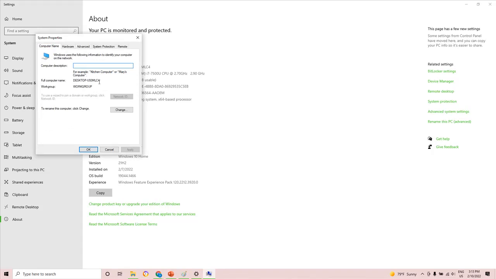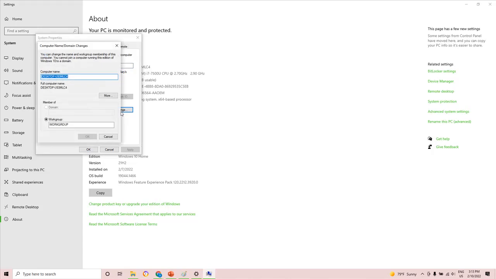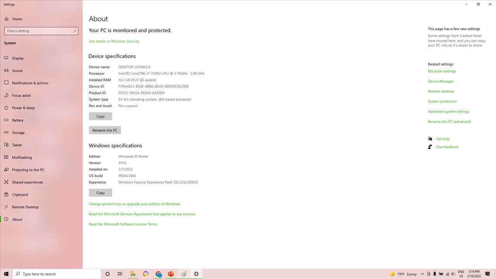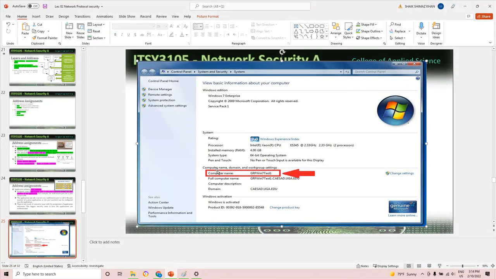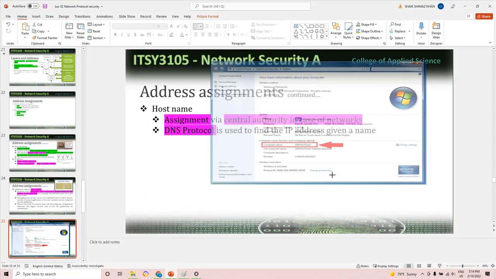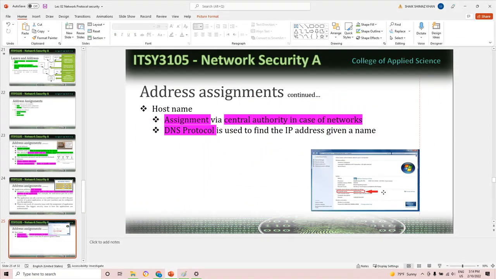Okay, this is the computer name. If you want, you can change the computer name here. Clear? So this is called host name. So this is also one of the ways to identify a computer, host name.